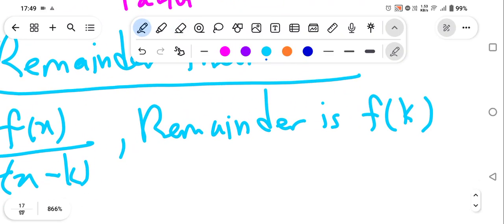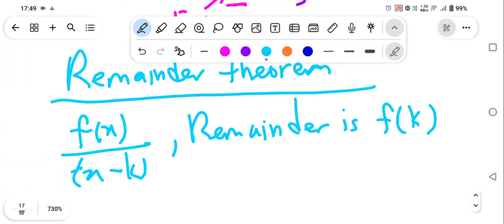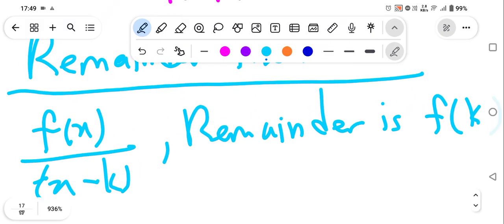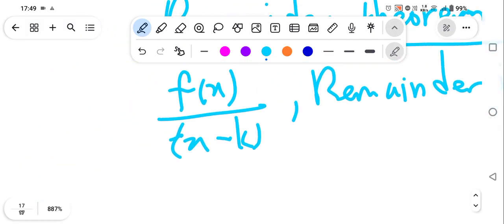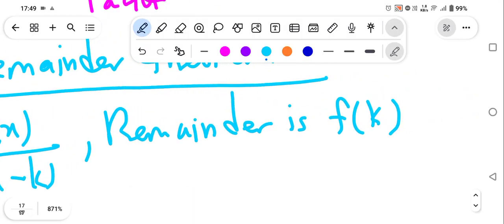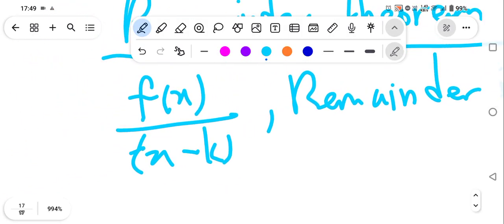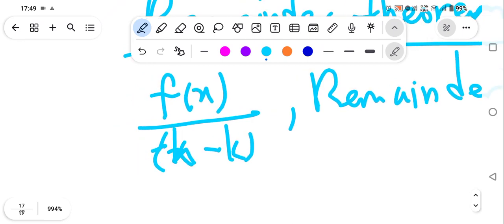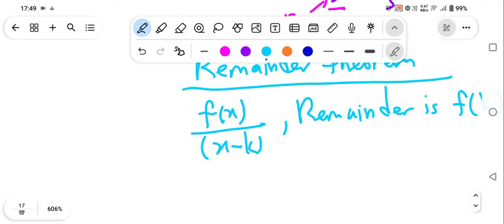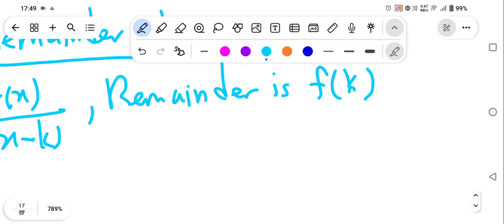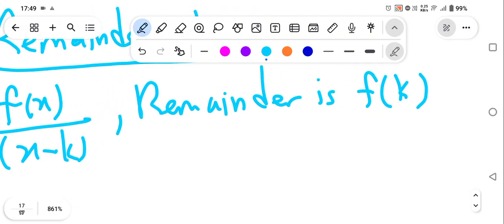In this context, it makes pretty much no sense, because if you substitute k, technically you can substitute a k here, so it becomes 0 over 0, which is pretty much nonsense, but that's not how it works.